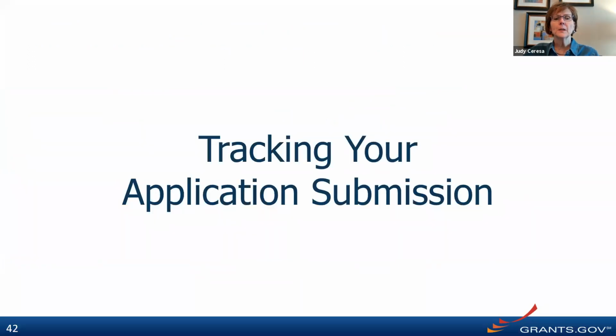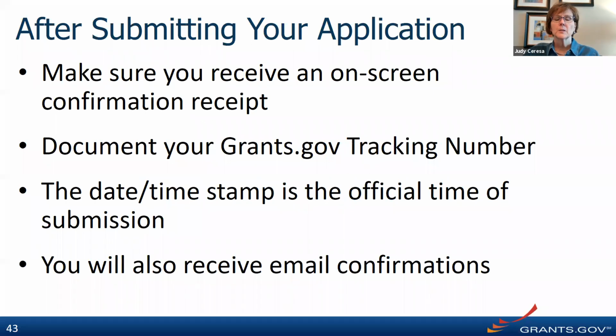It's important that applicants, once they've submitted, track their application submission to see it through to the very end, which will be received by the federal agency who will be funding that particular grant program. There are various stages of validation, and these steps occur pretty quickly.